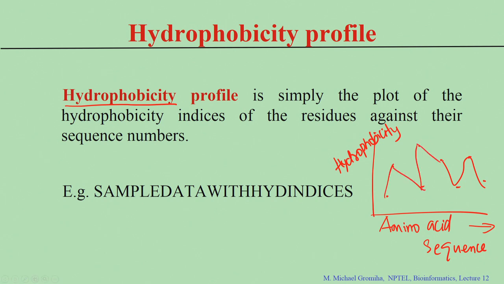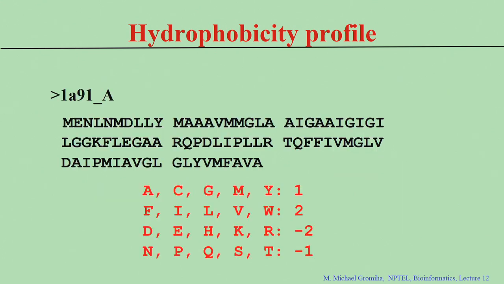So, we will see how to construct a plot with an example. We have the sequence, right. For example, this is the amino acid sequence, in which format? FASTA format, because you can see it started with the greater than symbol. Here you have the amino acid sequence. So, I made some numbers for the 20 amino acid residues based upon their hydrophobic behavior.